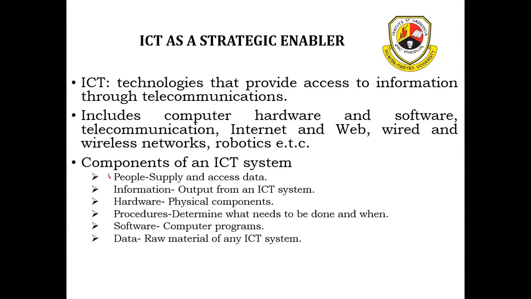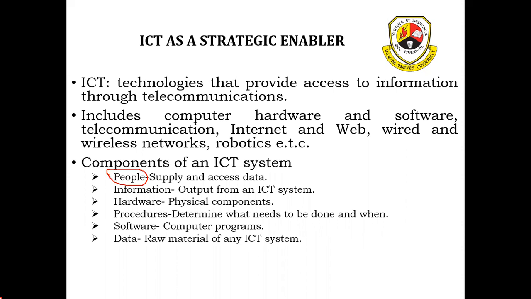The first thing is the people. The people are very much part and parcel of ICT. And this is one thing that is relatively unknown, especially to non-ICT professionals. They don't realize that they are part and parcel of the entire system.